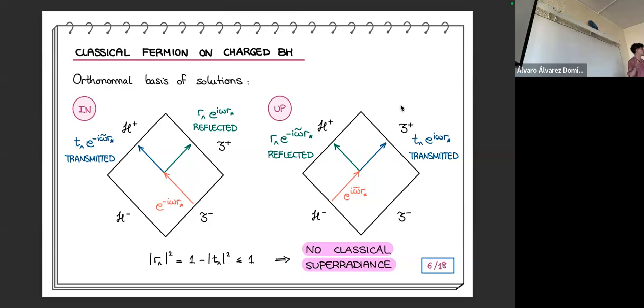The point is that I'm setting in my black hole, I'm introducing a unit flux of radiation, and if R is larger than 1, it means that I'm having more emitted radiation by the black hole than the incident radiation that I'm applying.